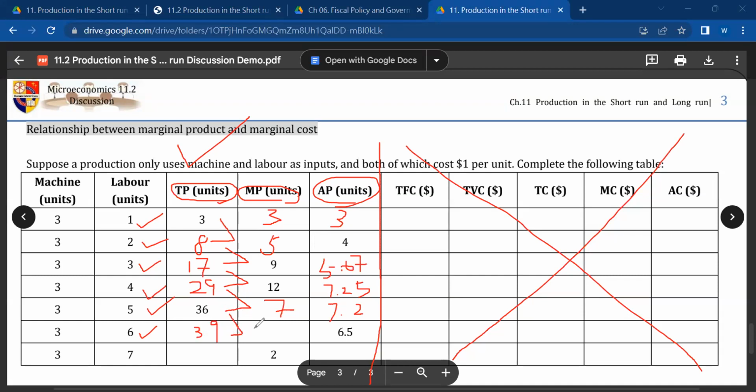And then marginal product is 3 units. And the last one, we know the MP is 2. Then the total product should be 41, total product add the MP. And the average product is 5.86. Okay? This is the answer.